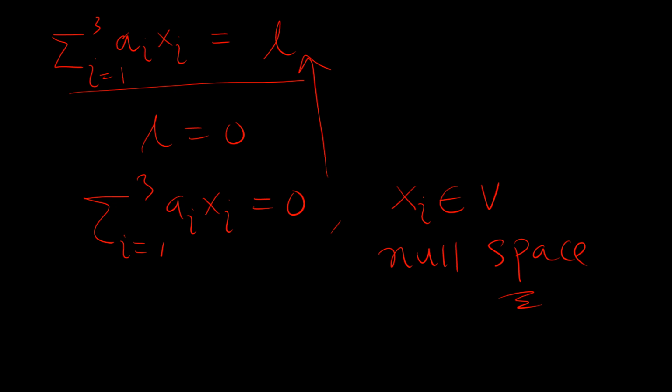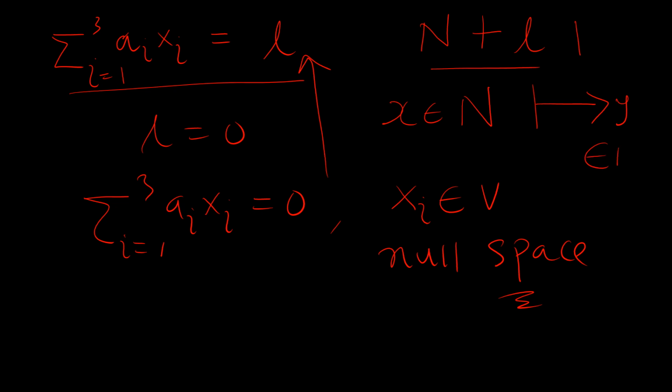So if we have a vector space n, and then we add the constant or whatever vector there, that now means that we are translating something x to a new plane on an affine subspace that is going to be y, and that is a member of n plus L. So we're going to be looking at this in this session today.